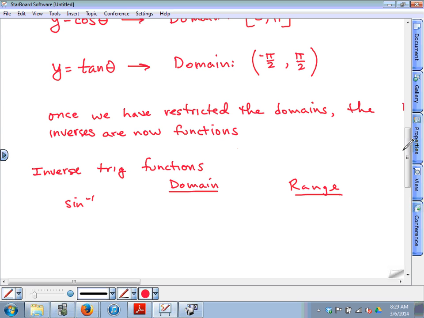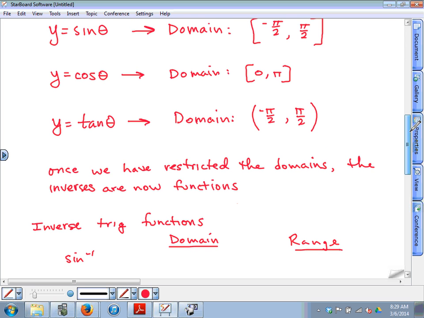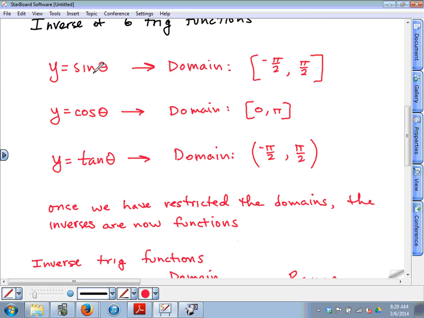Well, let's actually talk about the range first. Either look up here or look in your notes. When we defined y equals sine of theta, this is what we set as the domain. The domain is the set of x values, correct? Well, when you find the inverse, what are you switching?